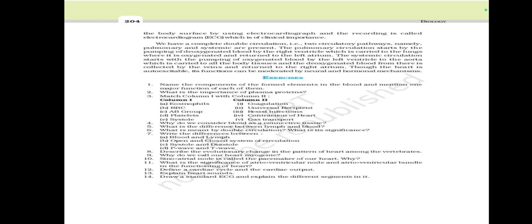The systemic circulation starts with the pumping of oxygenated blood by the left ventricle to the aorta, which is carried to all the body tissues, and the deoxygenated blood from there is collected by the veins and returned to the right atrium. The heart is auto-excitable. Its functions can be moderated by neural and hormonal mechanisms.